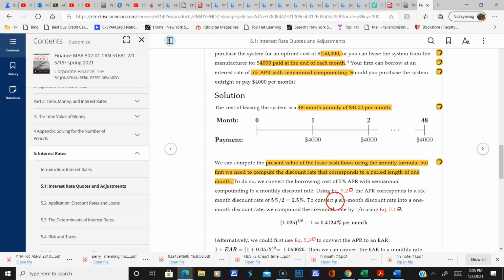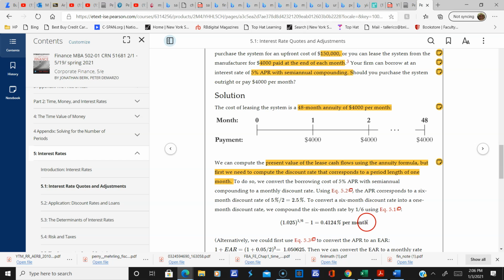So to convert a 6-month discount rate into a 1-month discount rate, we compound the 6-month rate by 1/6 using equation 5.1. So what we've got to do is get an effective rate every month.